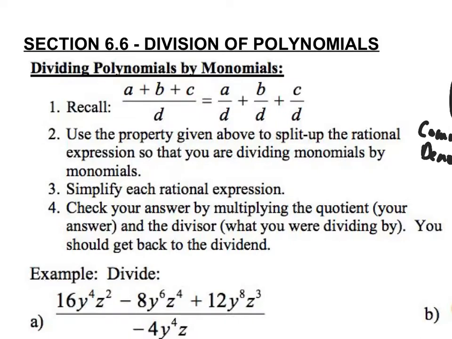So we're going to use the property above to split up rational expressions so that you're dividing monomials by monomials. Simplify each rational expression, and we can check our answer by multiplying the quotient by the divisor, and we should arrive back at where we started.